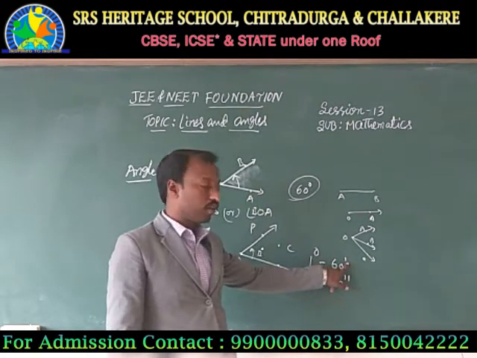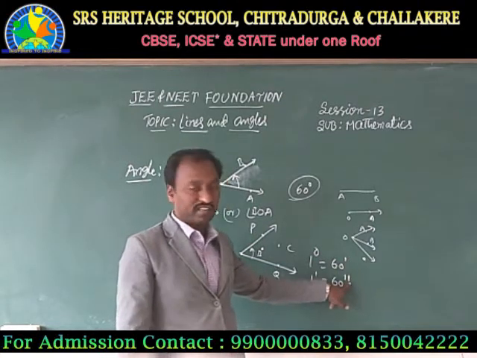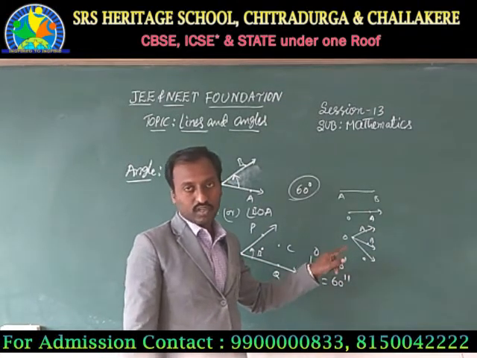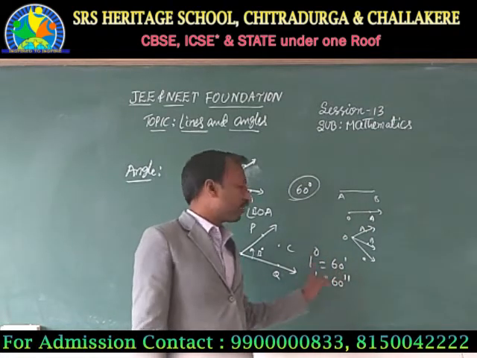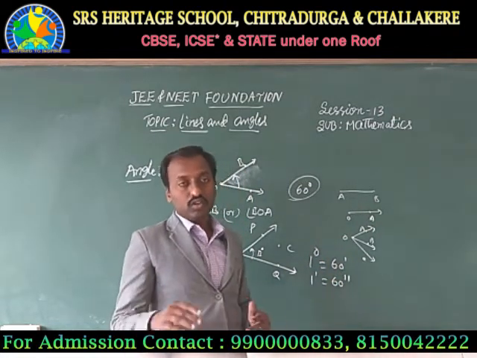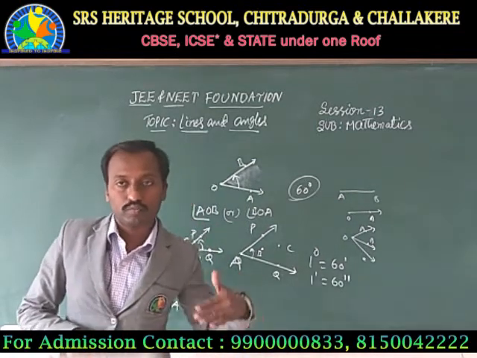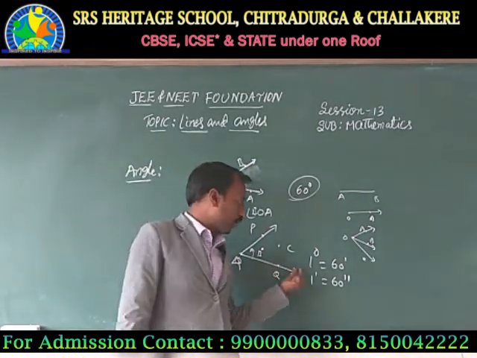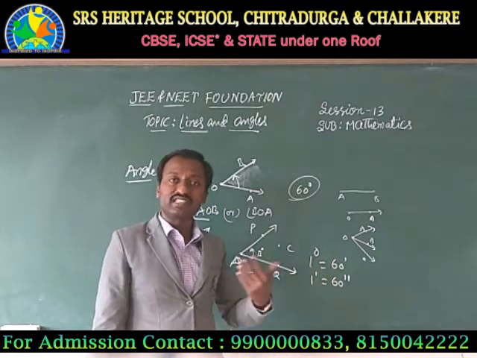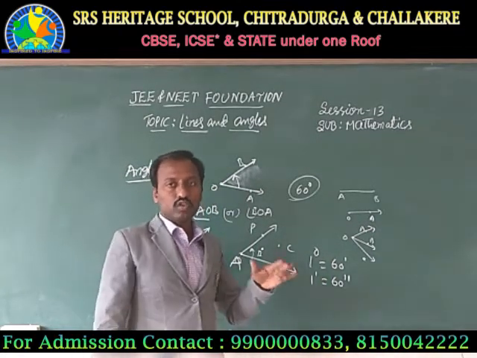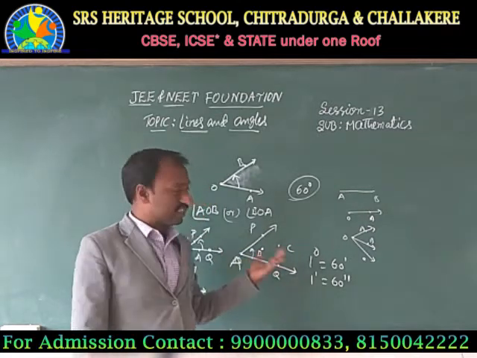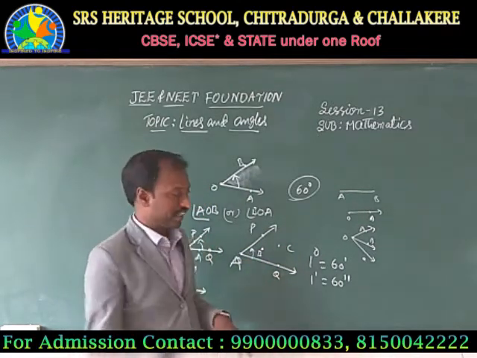Minutes are denoted symbolically like this, and seconds are denoted by two vertical lines. So 1 degree equals 60 minutes, and 1 minute equals 60 seconds. In higher grades, at PUC level, you are going to learn about the sexagesimal and centesimal systems. Now, based on the angles, what are the types of angles?